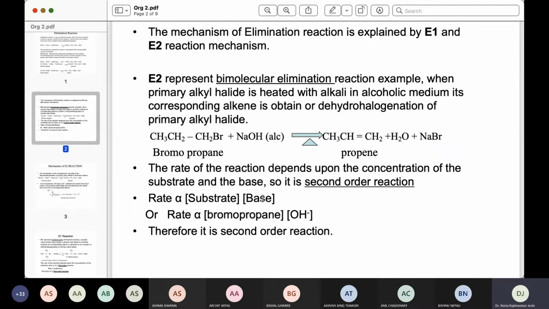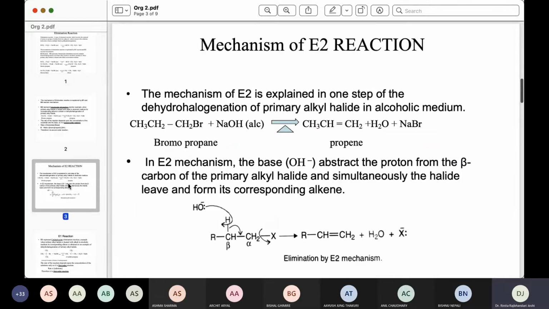किन त भन्दाखेरि हामी mechanism मा जान्छौं है त. This mechanism is very simple. Okay, mechanism of E2 is very simple and it is one sentence.